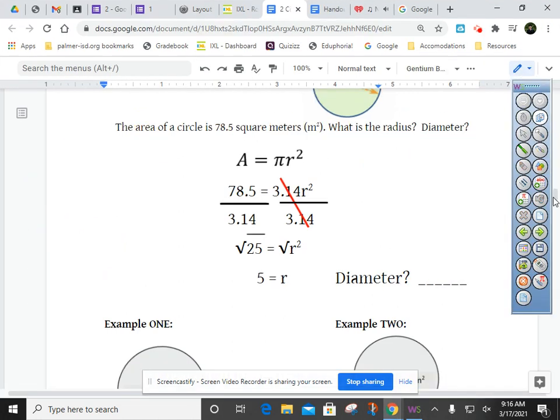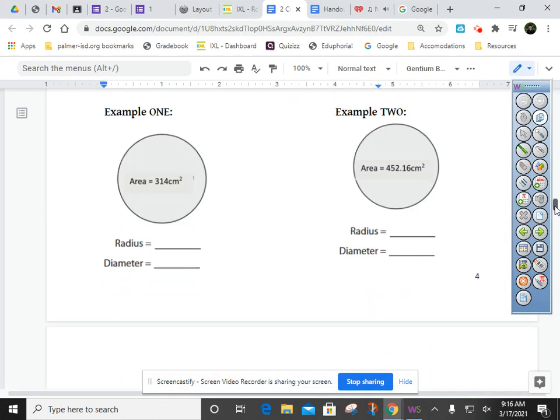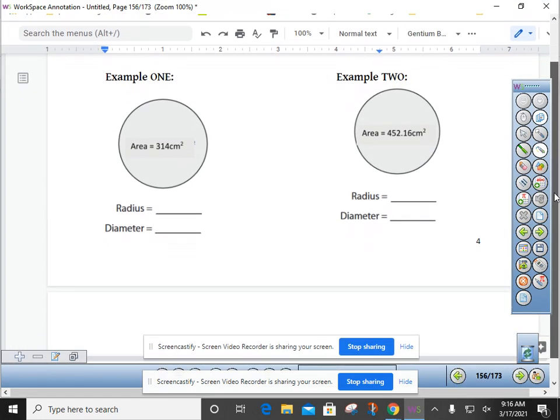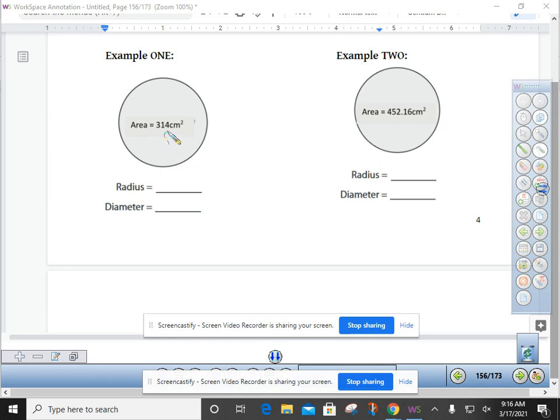It's not that you won't get it, I promise. So let's look at example 1. We are always going to write the formula. Always write the formula. Example 1 says the area is 314 square centimeters. Area equals, what's the formula? Area equals pi r squared. What is the area? 314.